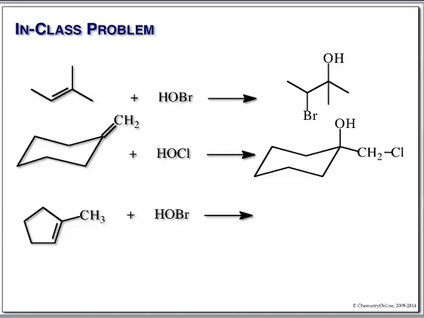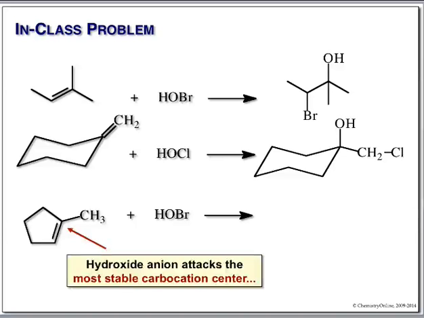Our next one, we have a secondary carbon and a tertiary. Most stable carbocation will be on the tertiary. Therefore, that is where the hydroxyl group will go. Bromine will go down here.